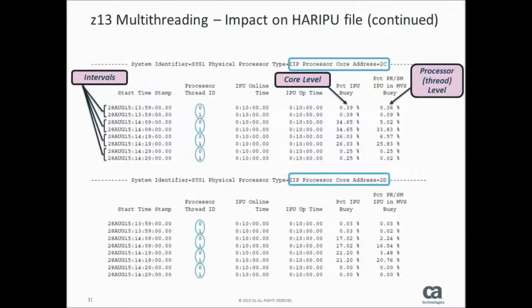And if you notice, you add those two numbers together, 0.36 and 0.09, and it's greater than the busy time that the core was dispatched. So you can actually get more work done between the two threads than could have been done with just the time that a single thread was dispatched.